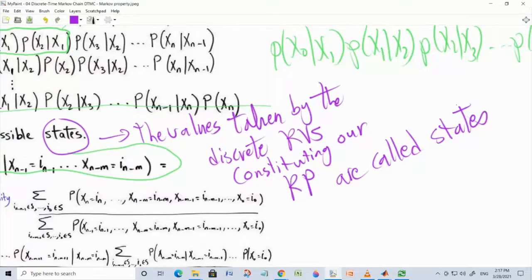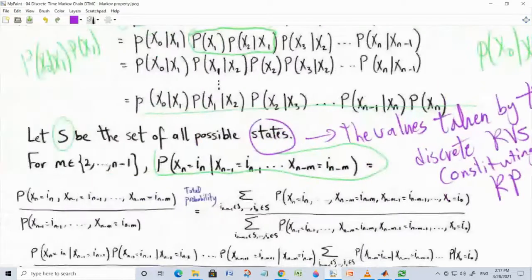And since we have a Markov chain, the random variable is simply a discrete random variable. It takes values from a finite or countably infinite set. So this set is called S. And those values, in the context of Markov chains, are typically referred to as states. They are just the values that the discrete random variables take.